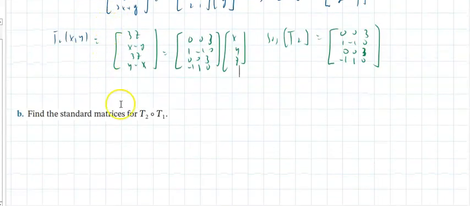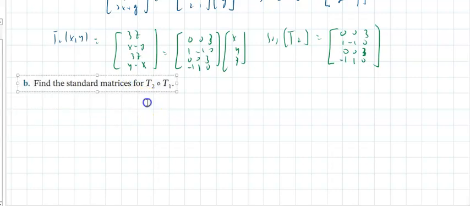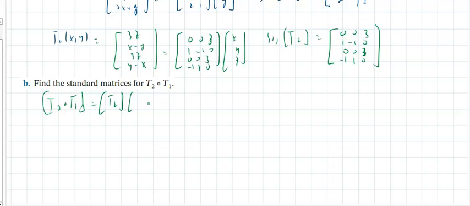Now, can I take T2, T1? Well, T sub 2 composite it with T sub 1. Again, composition happens to be T2, T1. Well, what would that be? T2 will be 0, 0, 3, 1, negative 1, 0, 0, 0, 3, negative 1, 1, 0.